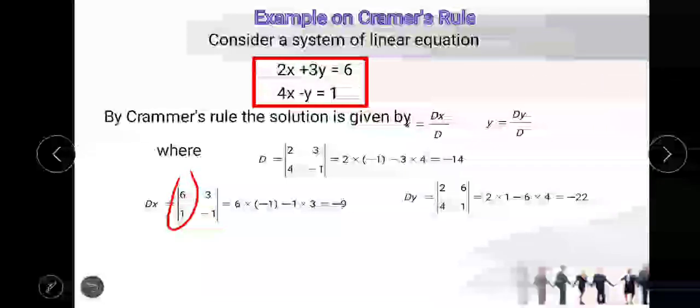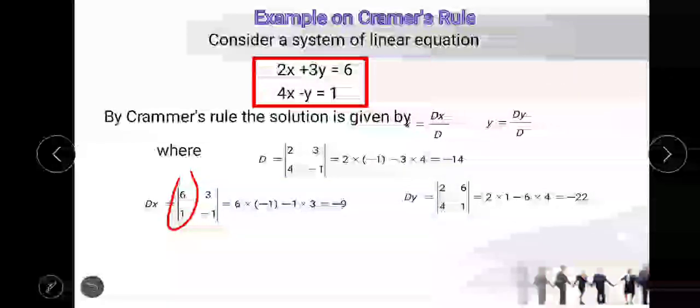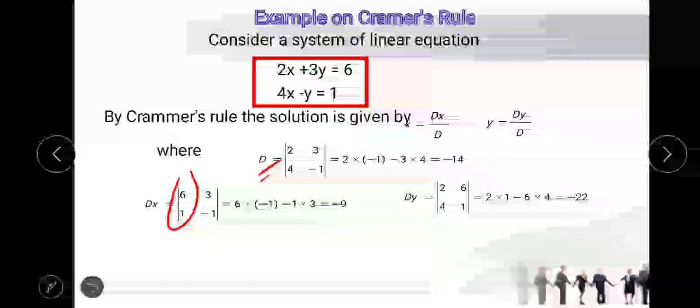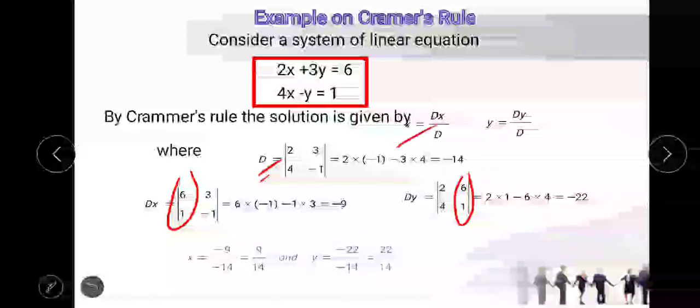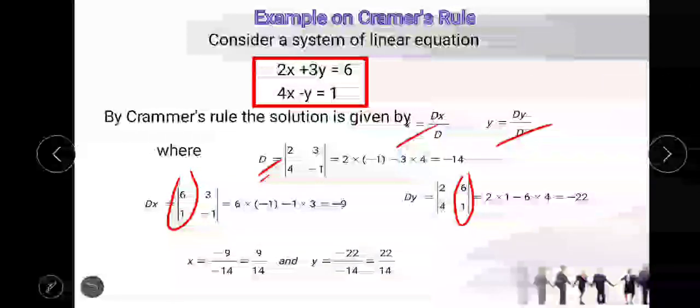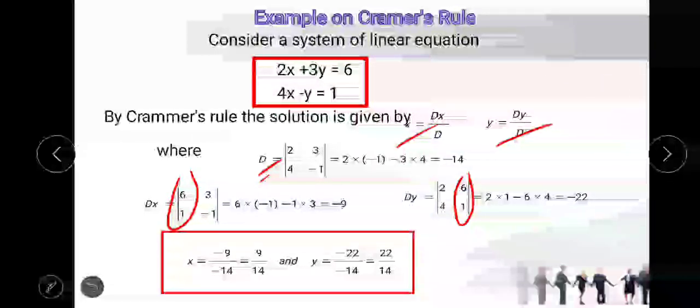Simplify. Similarly, in order to get dy, just replace the column of y, that is the second column, by the constants on the right hand side in the determinant d. Put these two values in the above formula for x and y, and you will get the values of x and y, which is the required solution of the given system of equations.